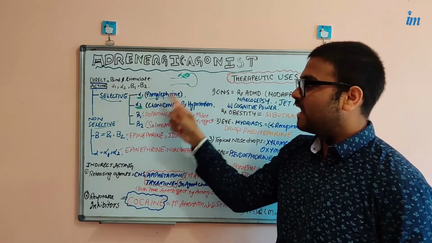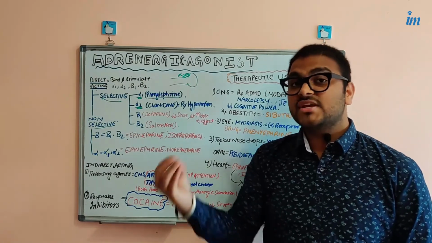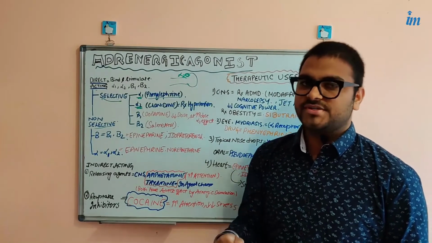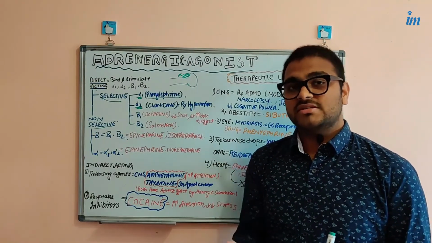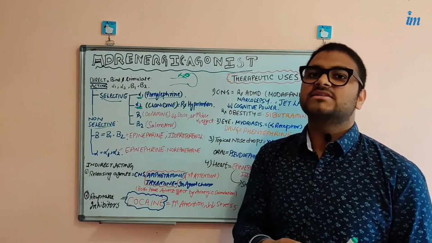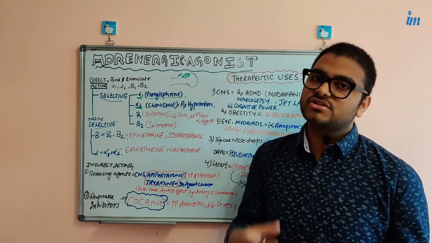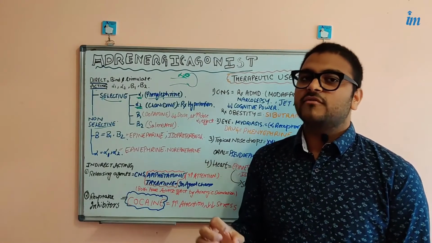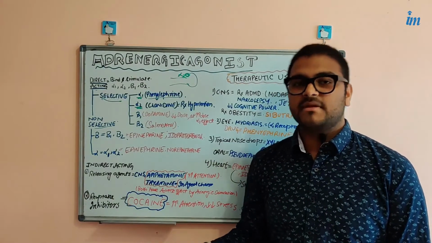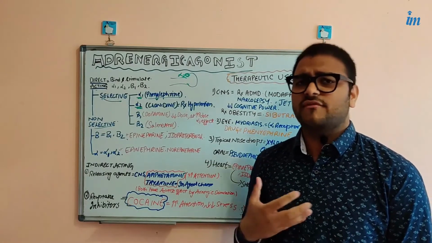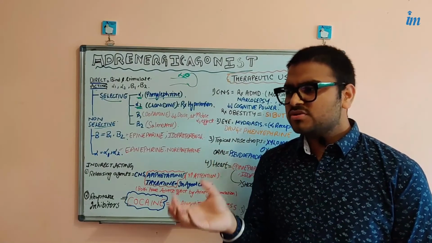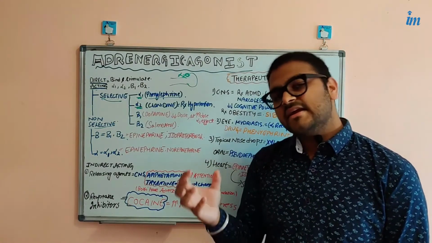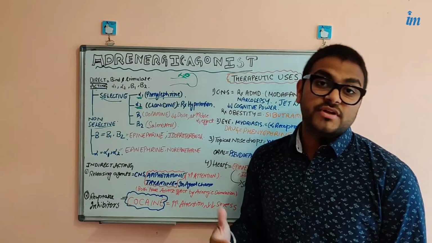The drug binds to the alpha 2 receptor, and this gives an inhibitory signal to the sympathetic neuron. This inhibitory signal decreases the release of norepinephrine into the synaptic cleft, and this low level of norepinephrine will cause less stimulation of your heart, so it will produce a little bradycardia, reducing your heartbeat, and it will also reduce your diastolic pressure.